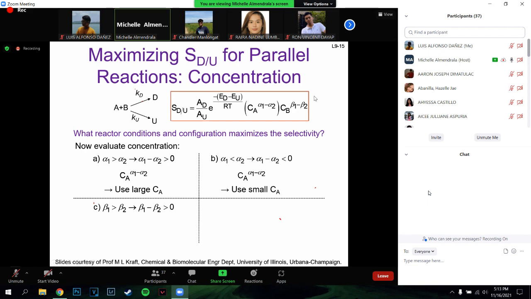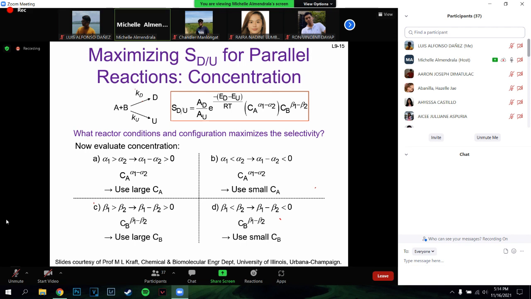So, questions from our class? Okay, very good. The order of the reaction, of course, will remain the same when we are comparing. We will not vary the order of the reaction, but only the concentration of our reactants A and B. Because the objective is we want to maximize the formation of your desired product.